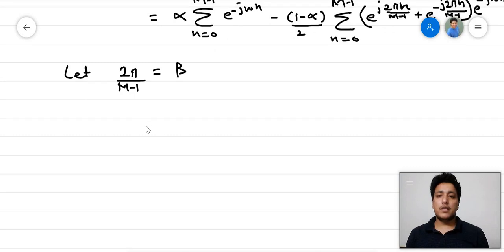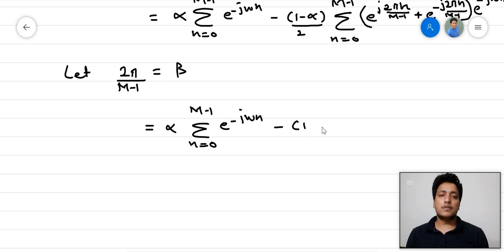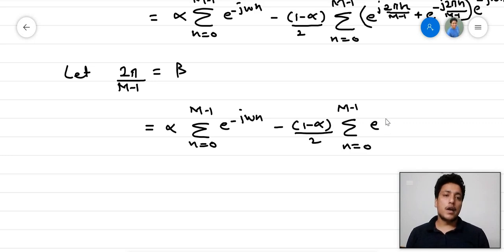Then the equation can be written as alpha summation n equals 0 to M minus 1 of e^(-j omega n) minus (1 minus alpha) by 2 times summation n equals 0 to M minus 1 of e^(j beta n) into e^(-j omega n).